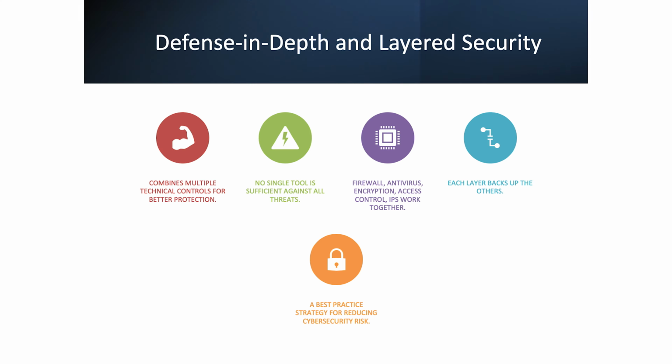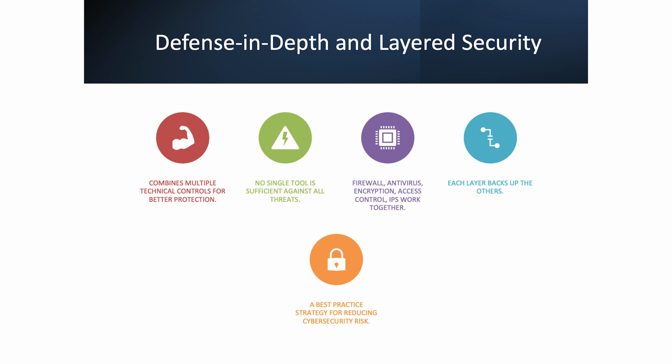Now let's do a quick recap. Throughout this lesson, we've seen that technical controls come in many forms. Some prevent attacks, some detect them, and others protect data or restrict access. What they all have in common is that they are all implemented through technology to bolster security. For beginners in IT, it's important to recognize that no single security tool is enough on its own. In practice, organizations use multiple technical controls together to build a strong layered defense, often called defense in depth.